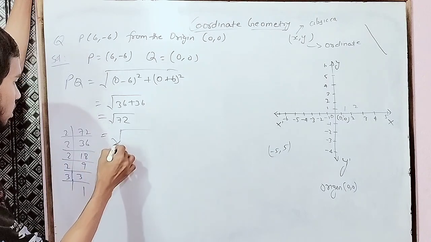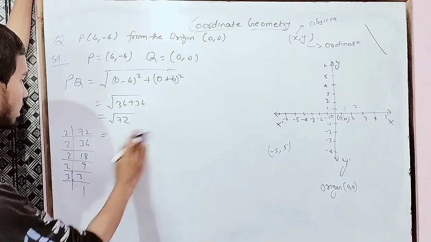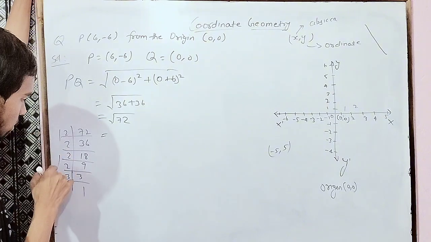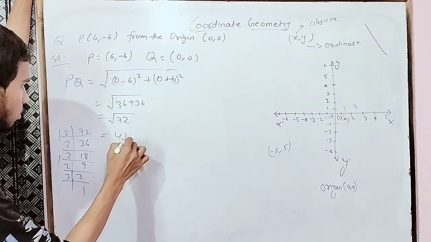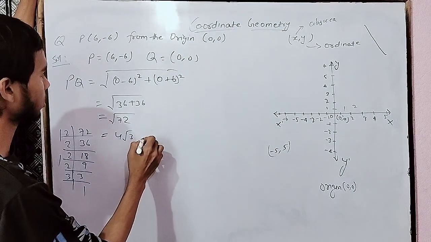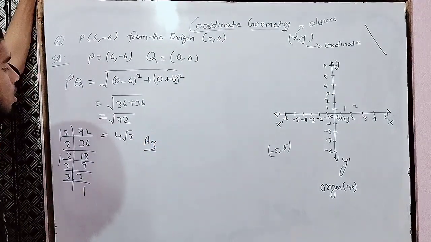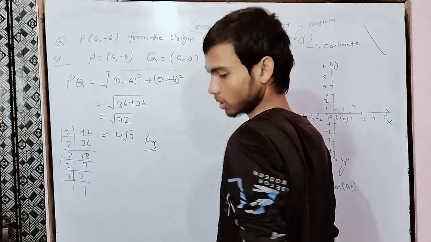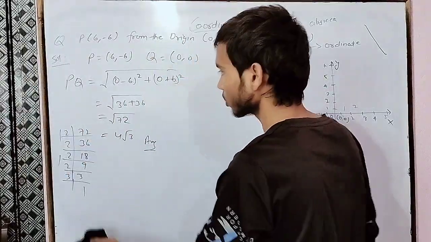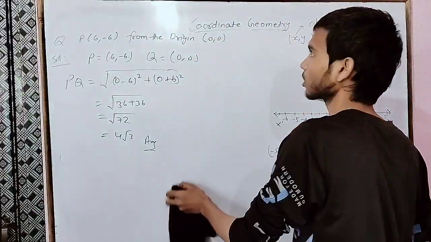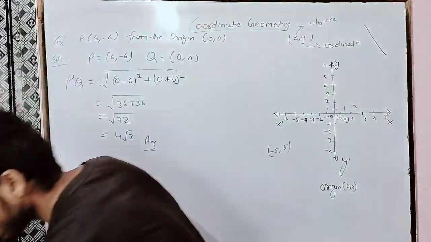So here you can see we can write 2 three times, and we will take common 2 squared. So it will be 4 under root 2. So this is the answer. This is the distance, 4 under root 2 units. Okay. So that's how you solve questions like that. Next question.